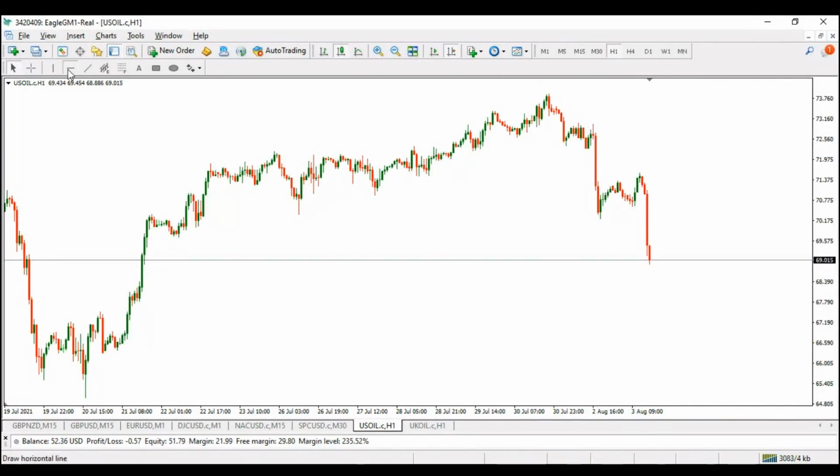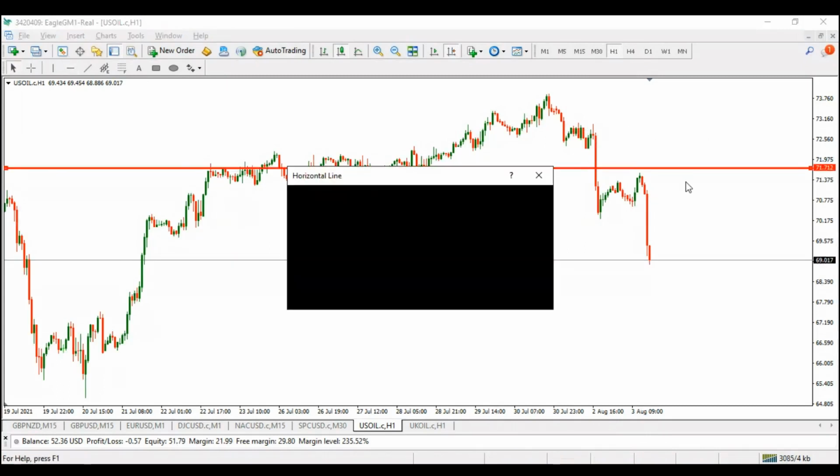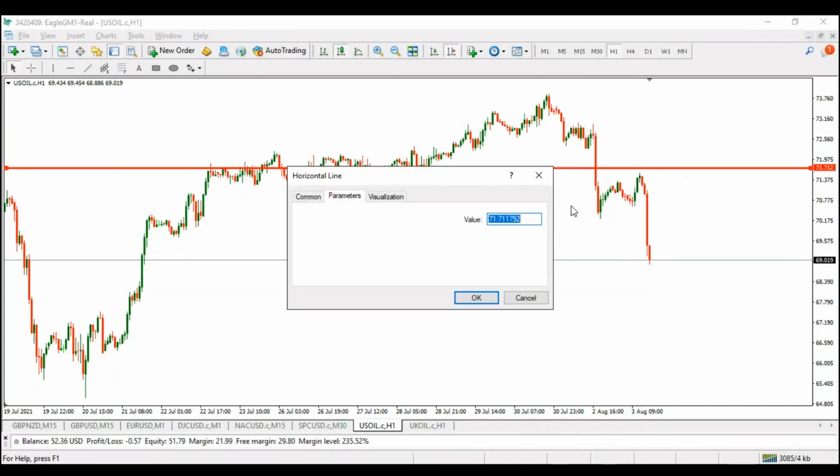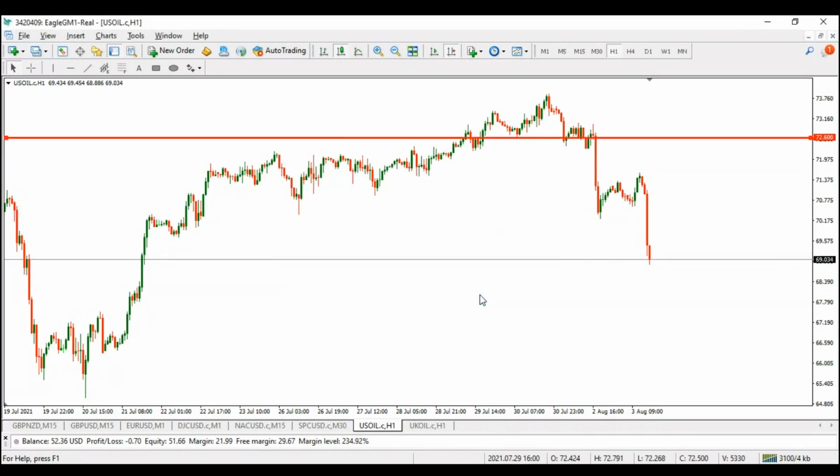So when the signals were sent out, we had the pivot at 72.60. This was the area we were watching price at. We said the short price has to be below it, and yes, the price is below it.